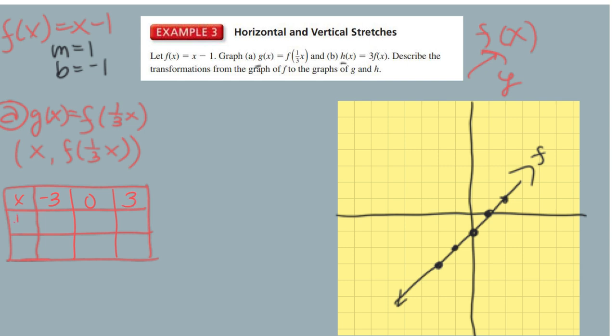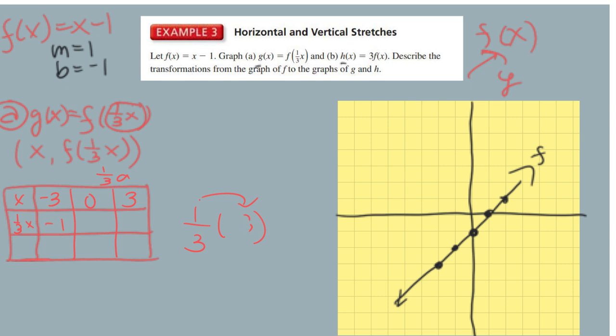We are multiplying 1/3 times x. That's why they told us to multiply. Remember that 1/3 is the same as our a from our stretches and shrinks. So 1/3 times -3: 1 times -3 gives me -3, and -3 divided by 3 gives me -1.